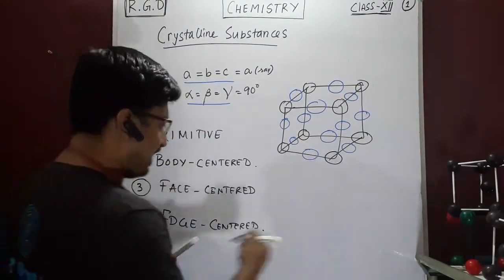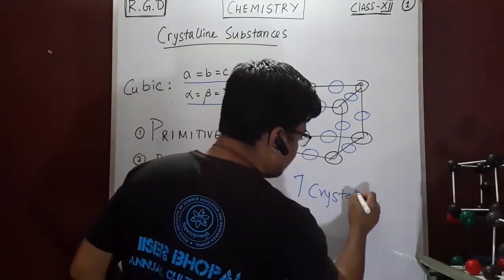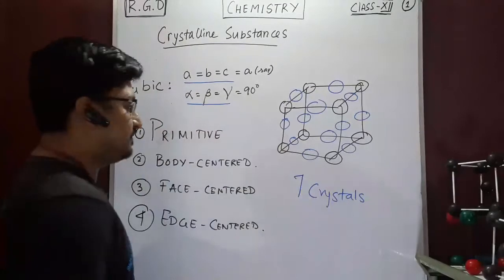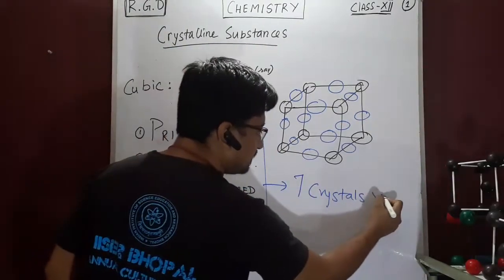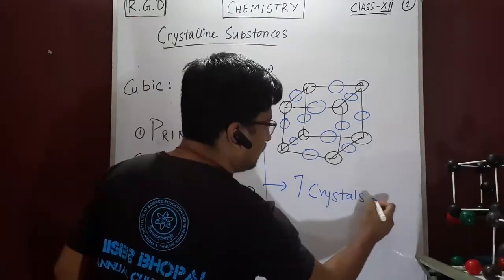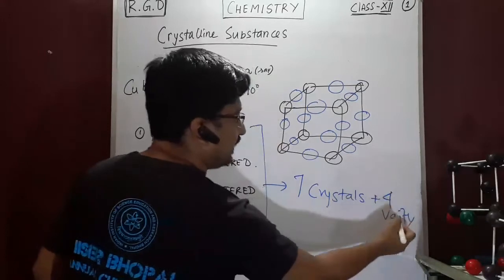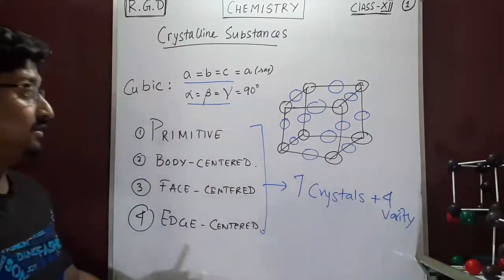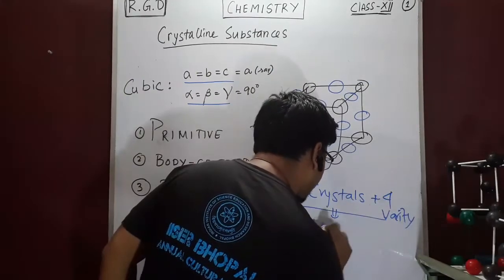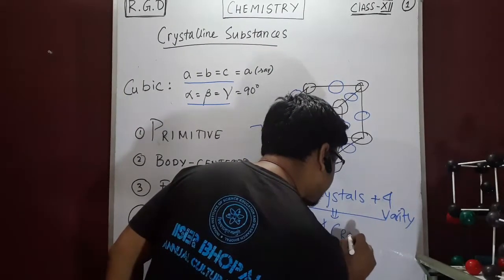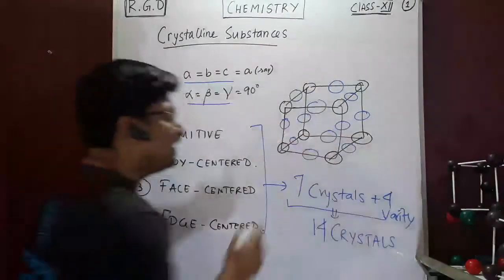When you combine these four varieties with the seven crystal systems, you have a total of 14 crystal systems.